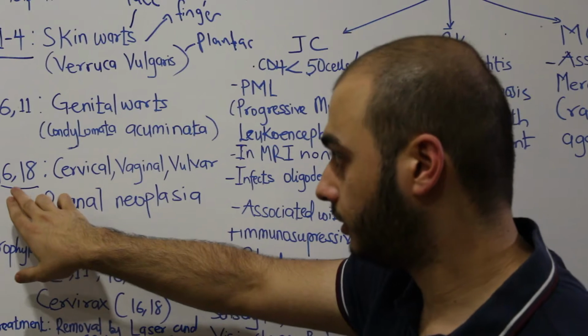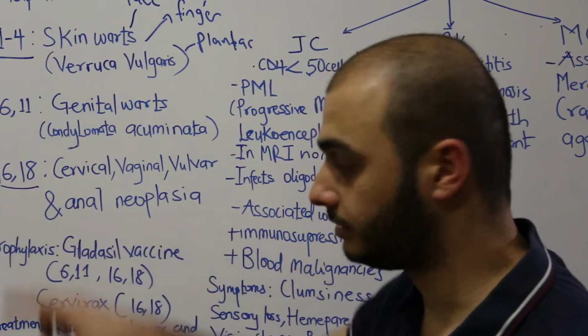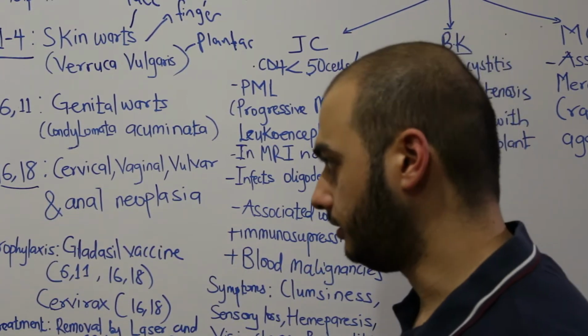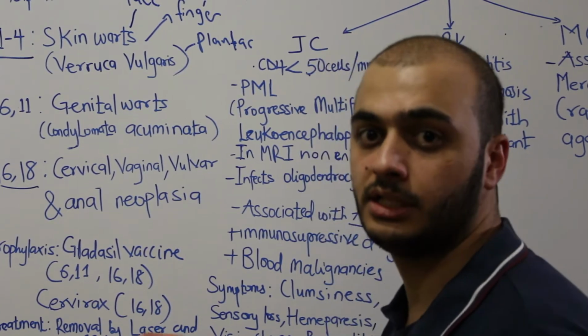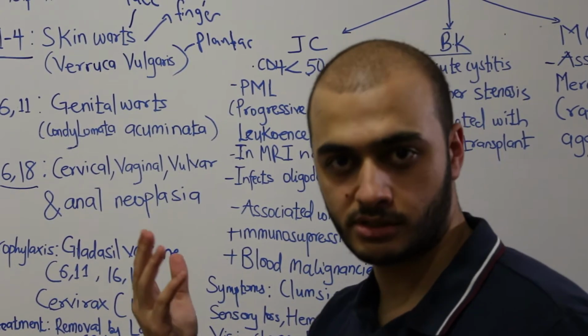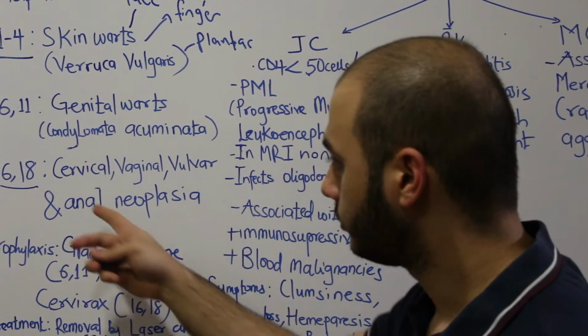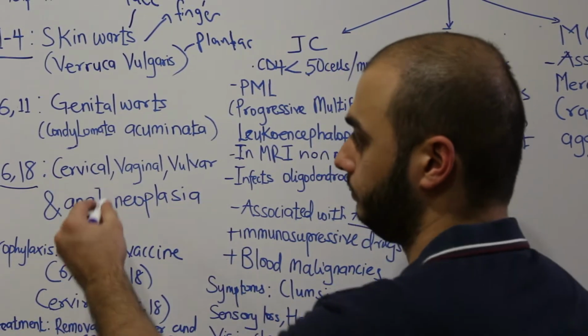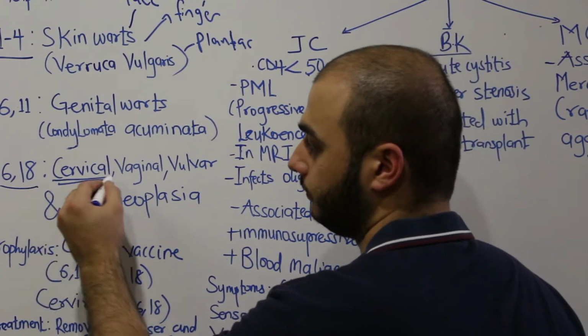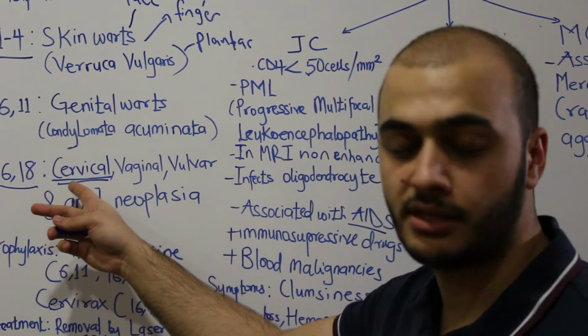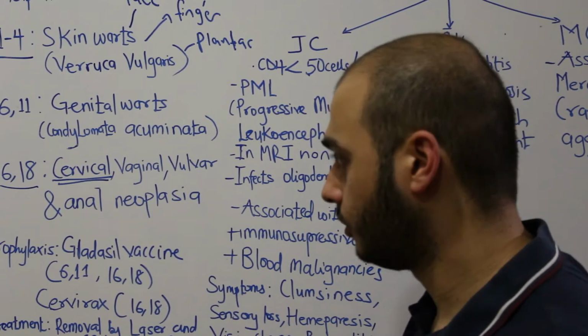But if we compare it with serotypes 16 and 18, mostly it will start as benign, but soon will progress to malignancy. This malignancy very commonly occurs in the cervix of the uterus.